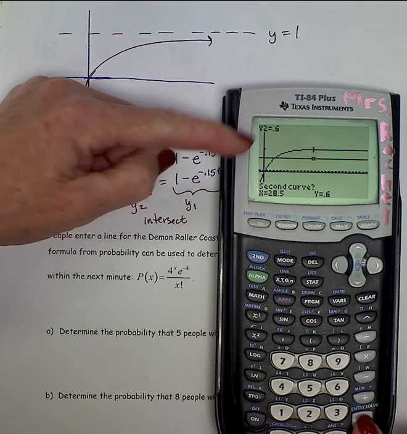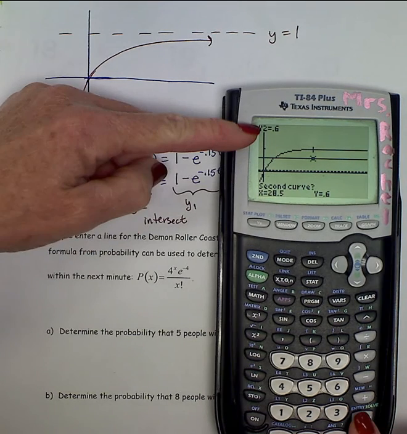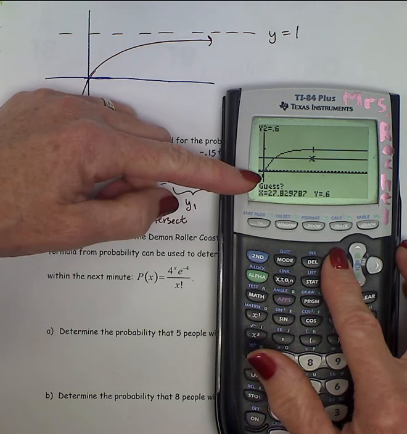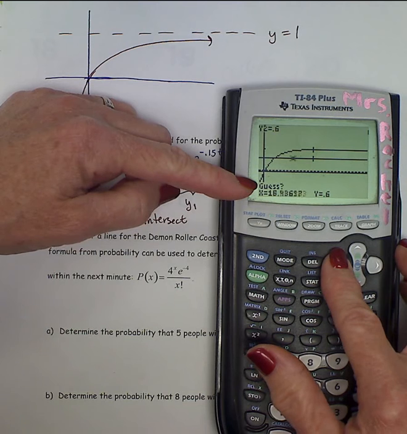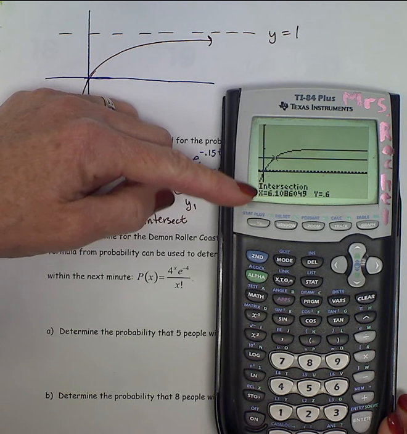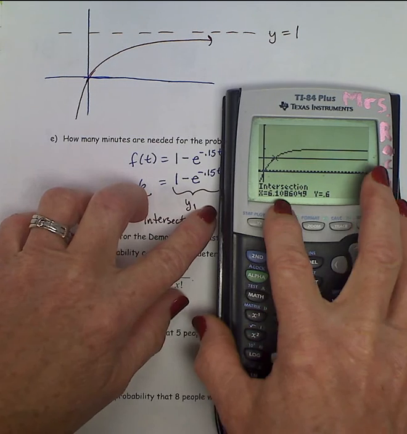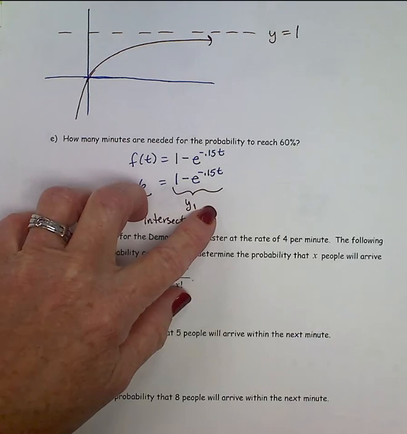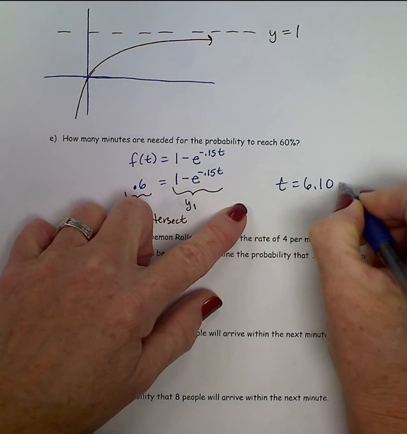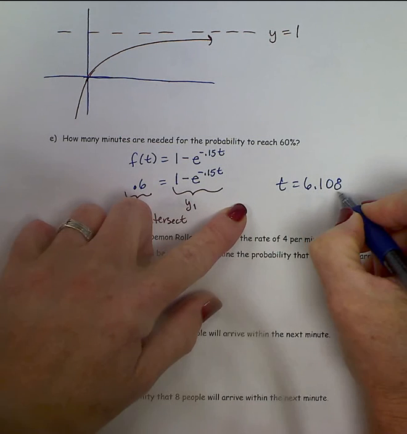It asks me for my second curve, which is identified as y2, so I hit enter to say yes. And it asks me for a guess. So I'm just going to arrow closer to that intersection point. And the intersection is right there, 6.108. So t is 6.108 minutes.